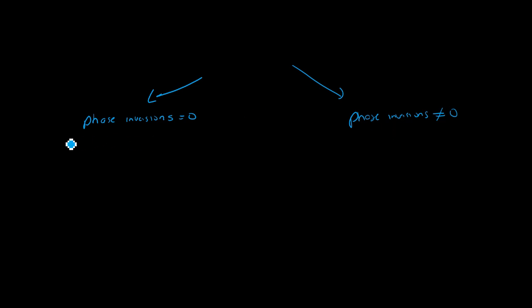Every time, definitely, if you have an even number of phase inversions, you can reduce it to 0. But if you have an odd number, you can't make it 0, so there will be a phase inversion left.